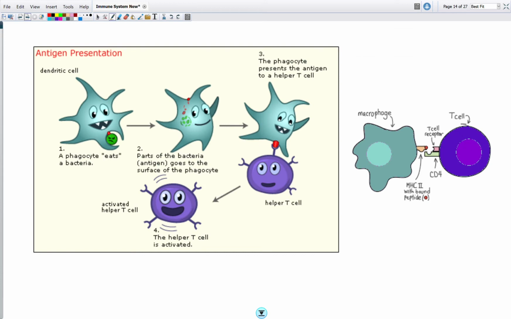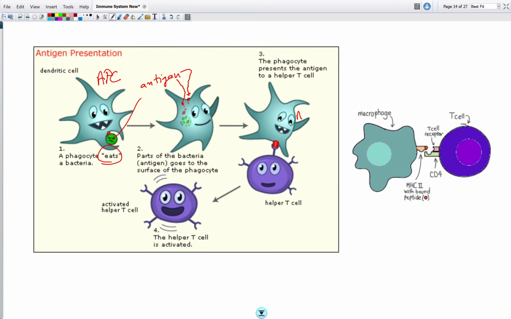So here we have this situation again. Antigen presenting cell is right here. This is our antigen presenting cell. This is our phagocyte. The phagocyte is eating our antigen. This is our antigen. And if you notice, our poor little antigen is getting digested. And a little tiny piece of it is sitting on the surface of the cell membrane of our antigen presenting cell.